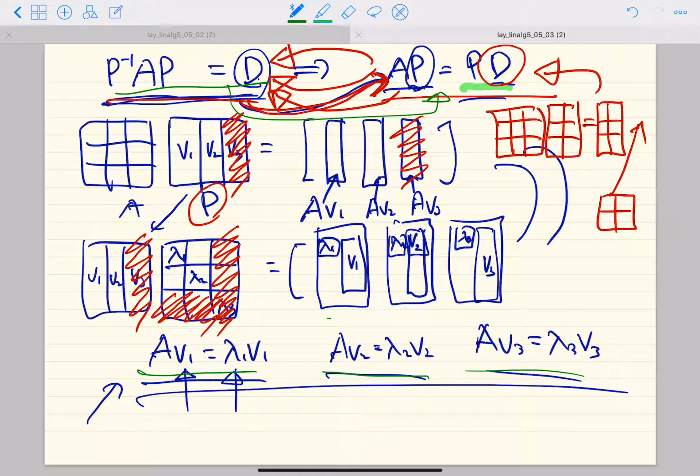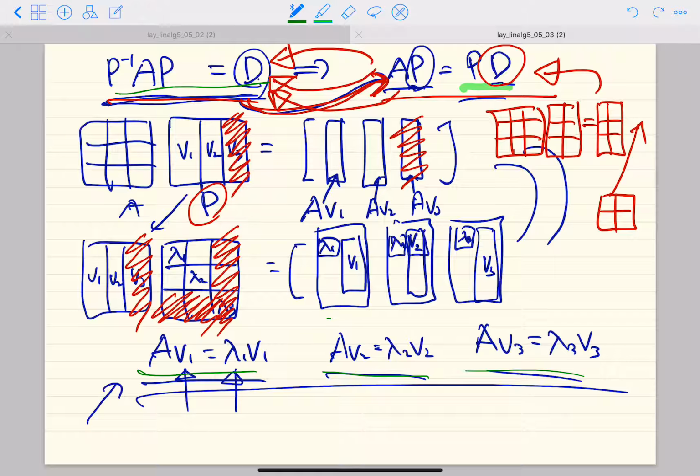But in order to go back from the right to the left, we need the matrix P to be invertible, and so P should be a square matrix and also has to have linearly independent columns in order to be invertible.